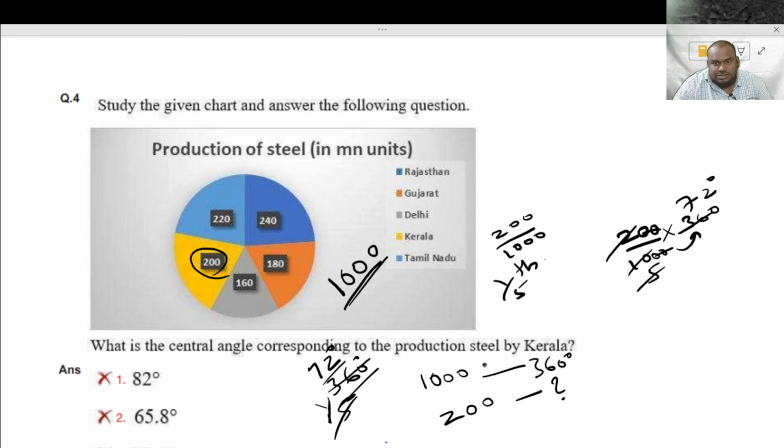Or else you can do the cross multiplication also here. Question mark into 1000 is equal to 200 into 360 degrees.